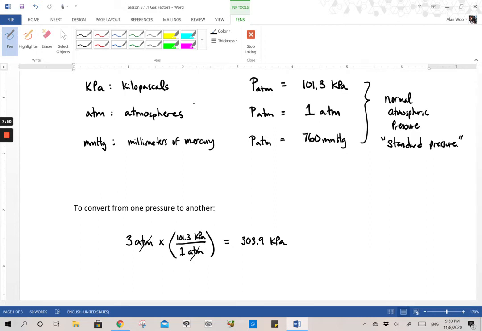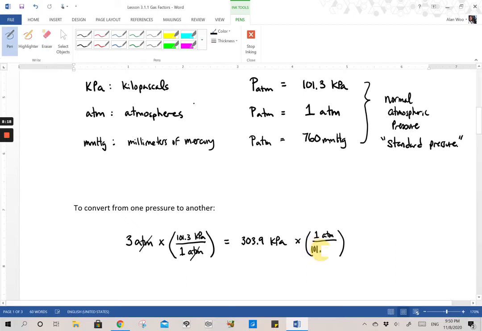And if I want to convert back into ATM, okay, I can use the same number, might as well. All I have to do again is to flip the conversion factor, and I want ATM at the top, and kPa at the bottom.